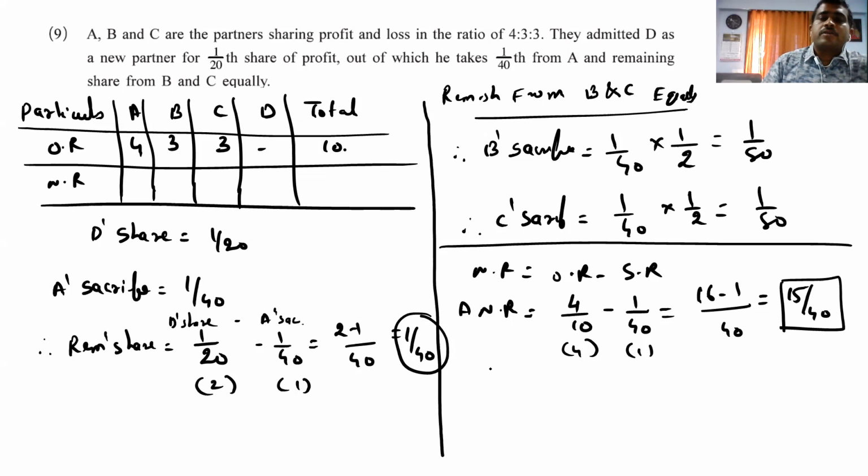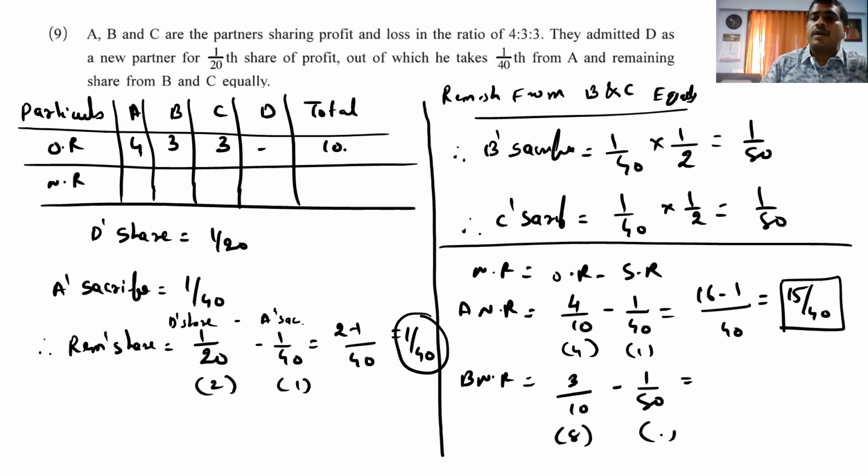Right? So let's see now B. B's new ratio: B is 3 by 10 minus 1 by 80. Here the LCM changes now. Let's take LCM 80. 8 threes are 24, minus 1 upon 80.